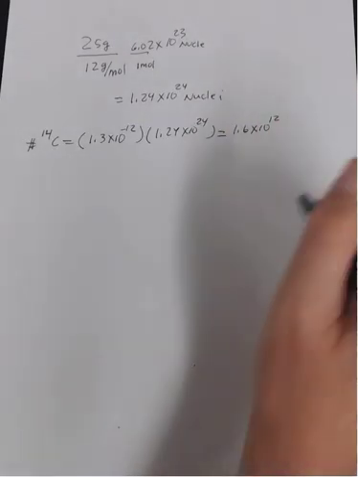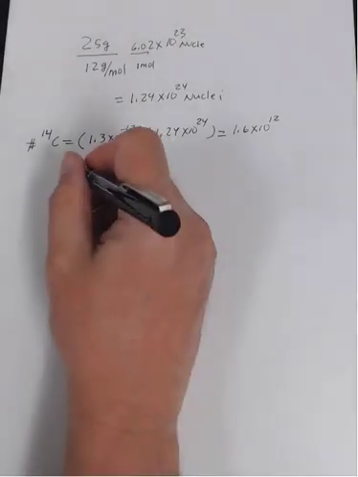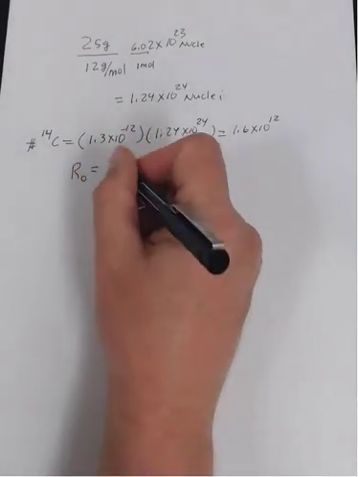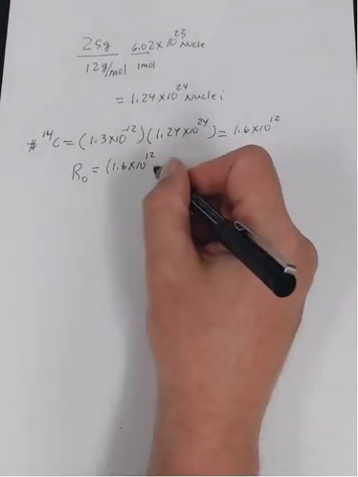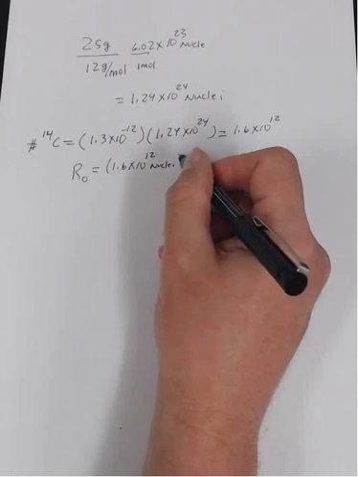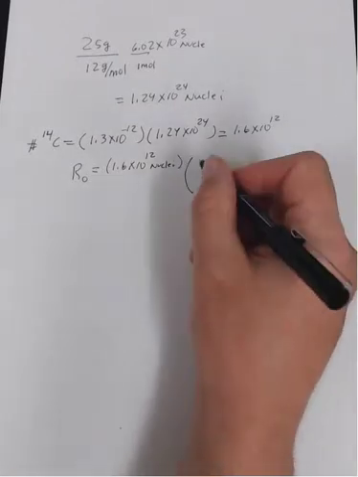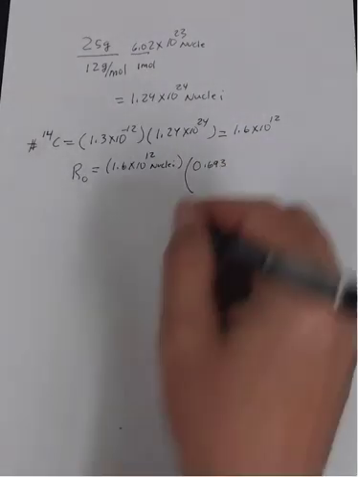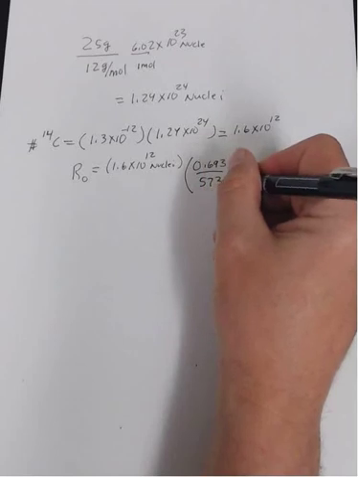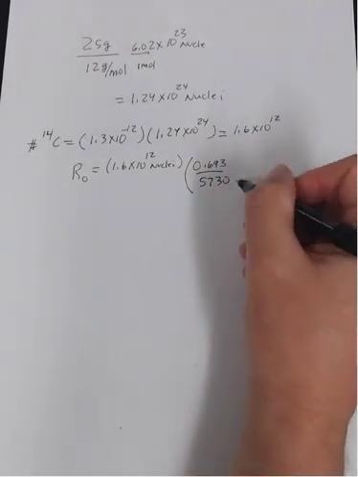So there should have been this much carbon-14 roughly when the tree died. So the initial rate should have been 1.6 times 10 to the 12 nuclei times, what did we get for the decay constant? 0.693 divided by 5,730. That's going to be a pretty big number, so that's decay per years.